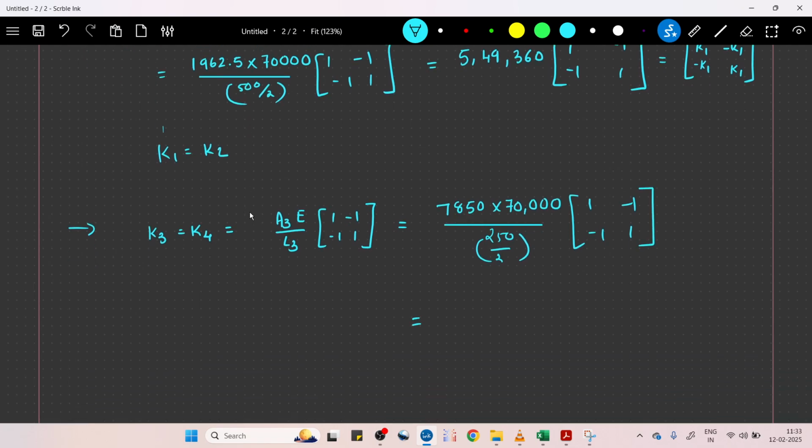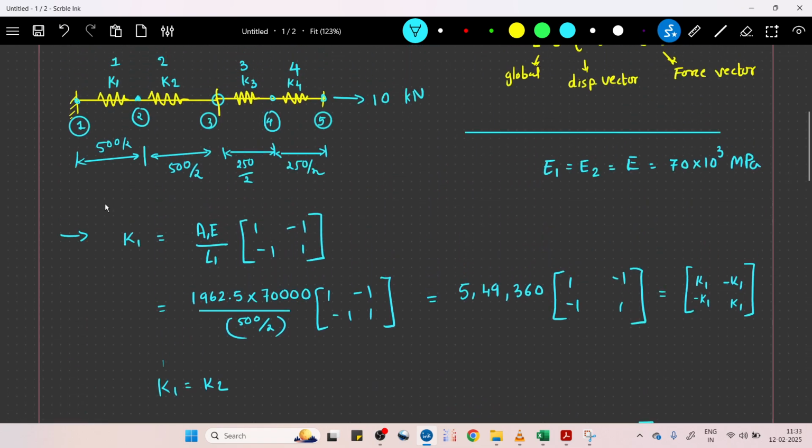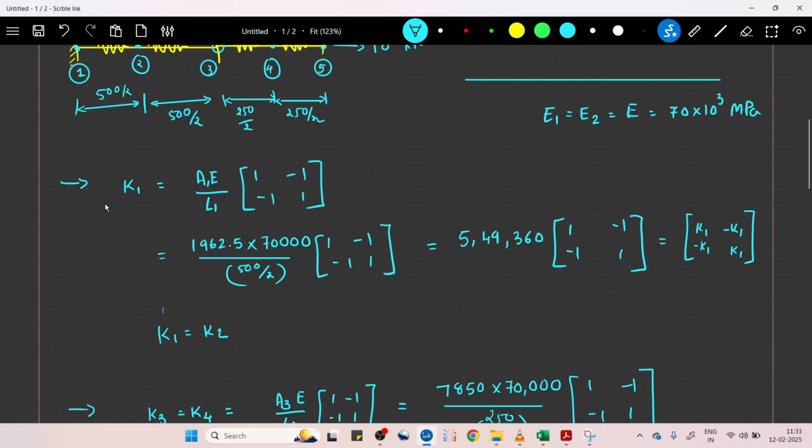This value, let me check, is 4396000 times 1 minus 1, minus 1 1. So we have got the element stiffness matrix for all four elements, k1, k2, k3, and k4.